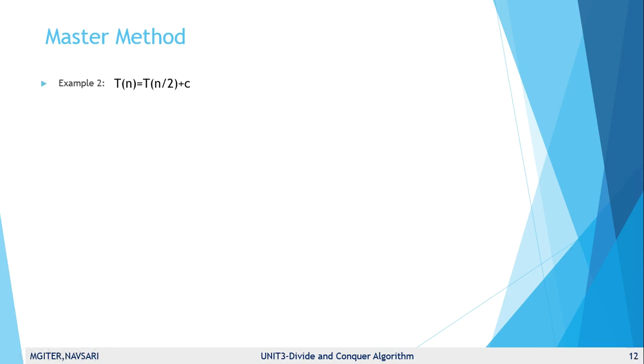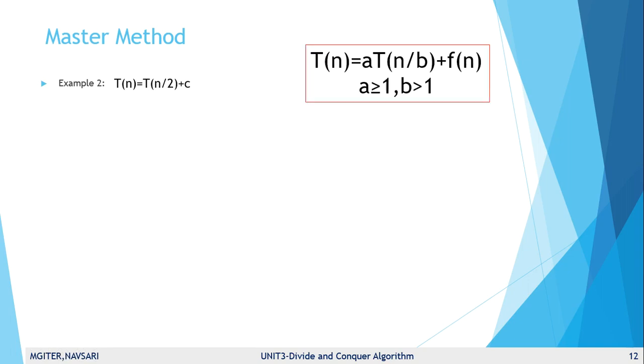Now we solve the next example using the master method. Here we take another type of problem. The value of a is equal to 1, b is equal to 2, and the function f(n) is equal to some constant. Some constant may be 1, 2, 3, any one. So the solution of the given form is n power log base b of a into U(n). So n power log base 2 of 1, that is 0, into U(n): n raised to 0 into U(n).